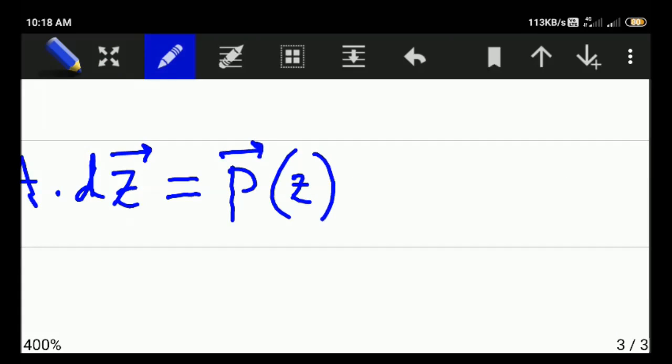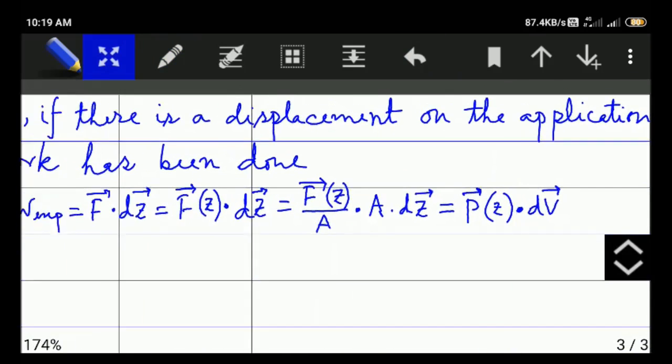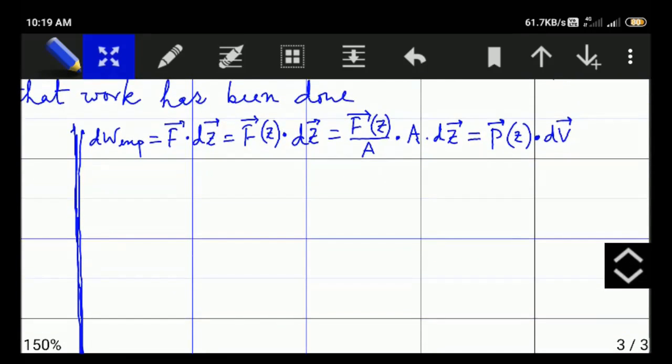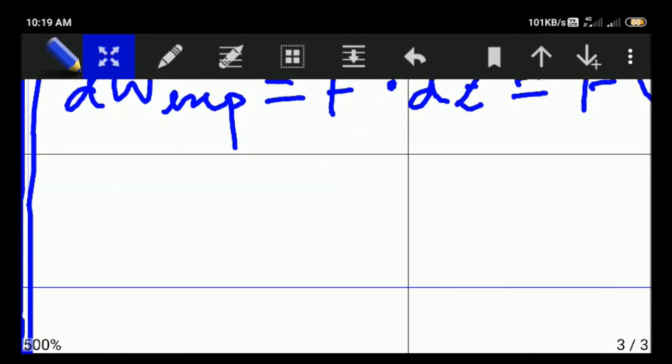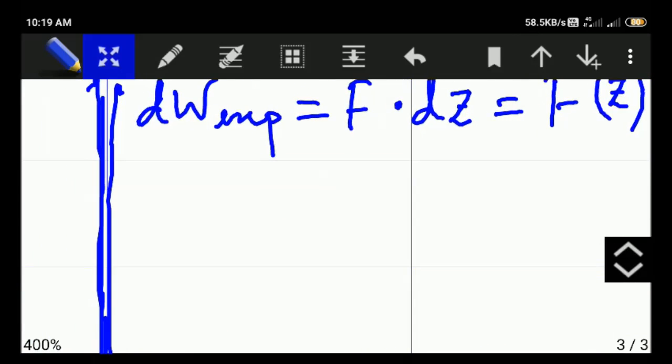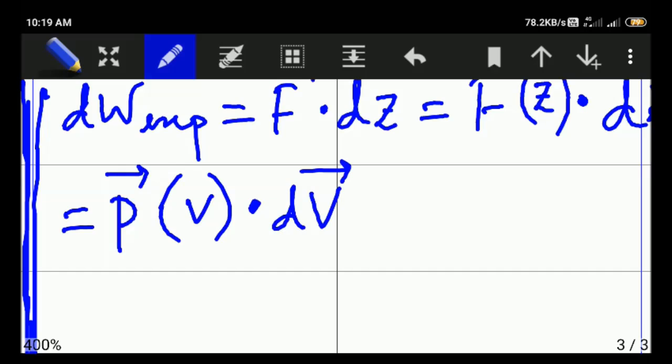So the direction of dV and the direction of dz are the same. Now I have written P as a function of z, but I am interested in the value of P, whatever it may be a function of. So here I can also write P as a function of V dot dV.